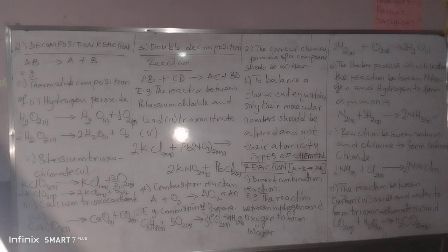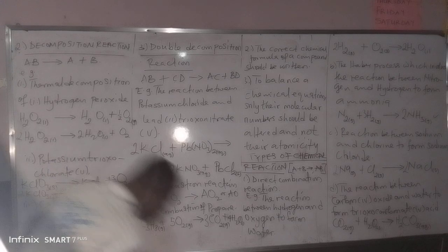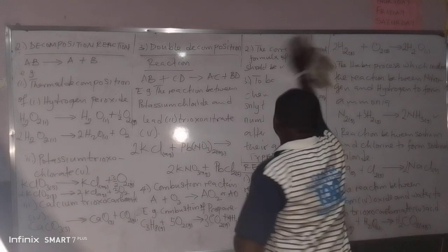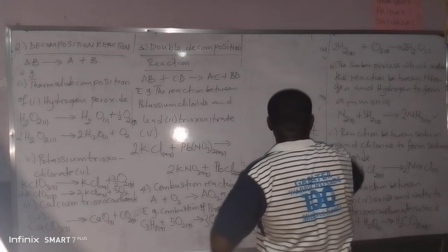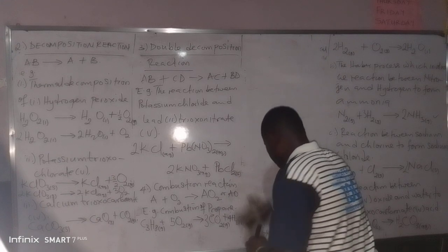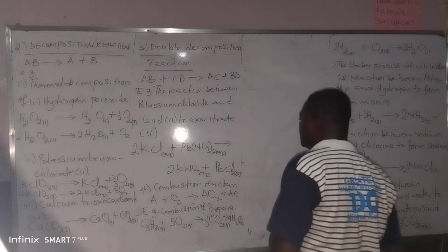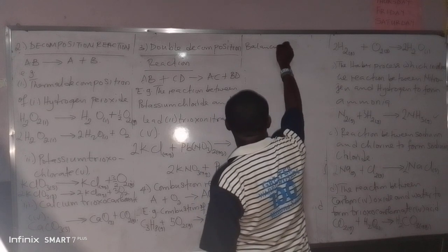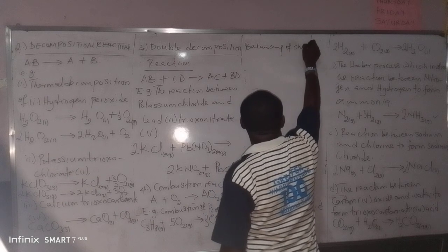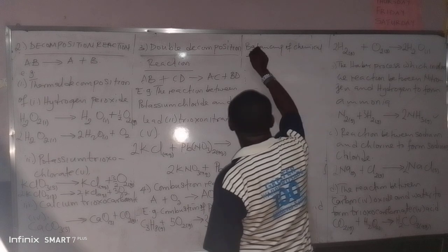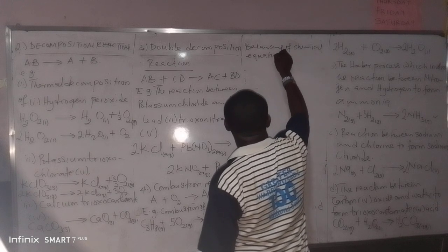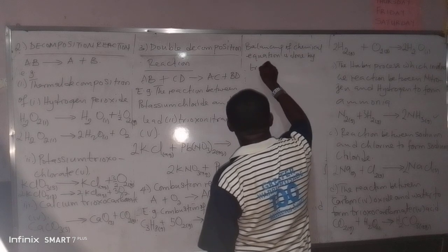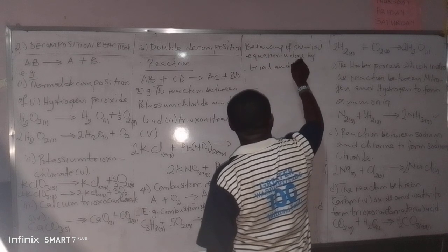So now, let me give you one statement here that will help you. Balancing of a chemical equation is done by trial and error.